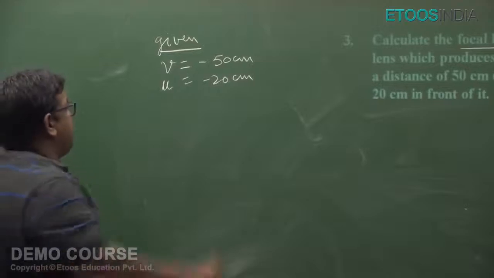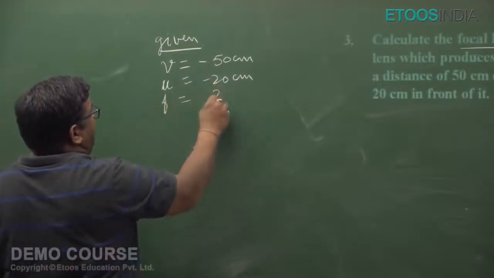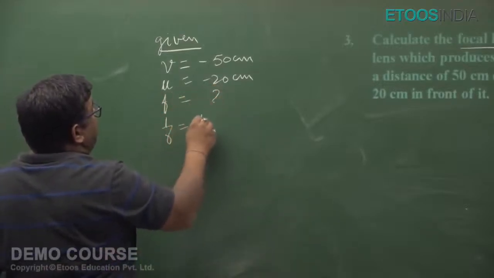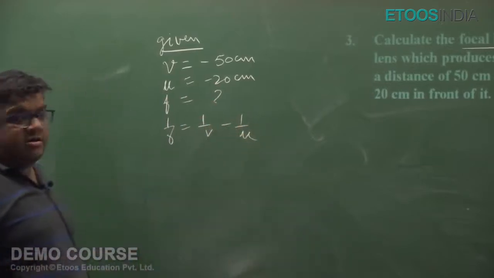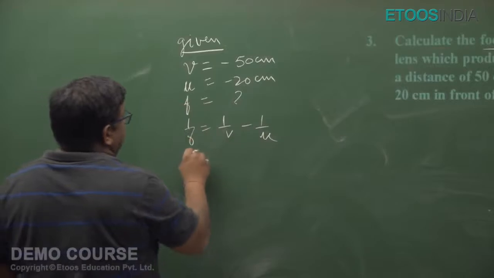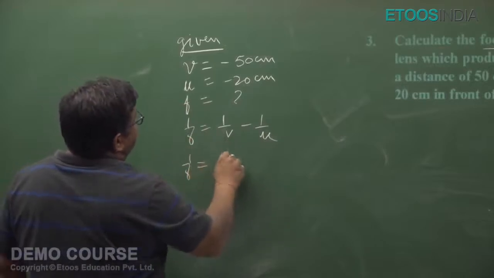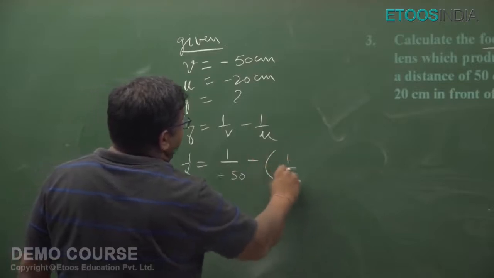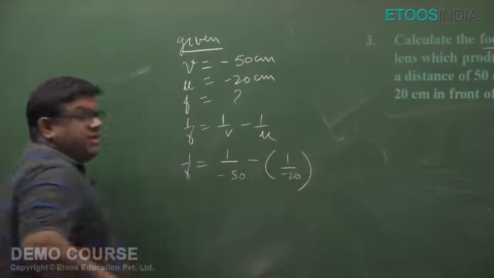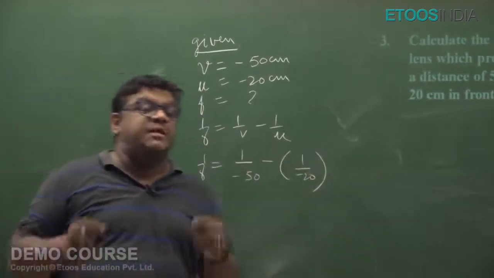Clear? We need to find F. So we know the formula 1 upon F is equal to 1 upon V minus 1 upon U. Got it? So V is minus 50 minus 20. We have to take care of these signs very properly.